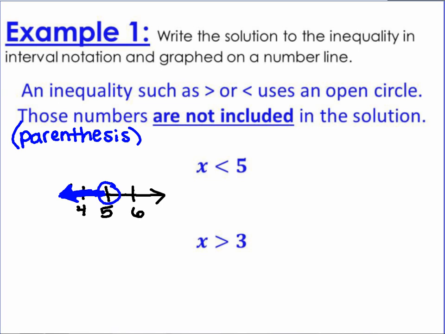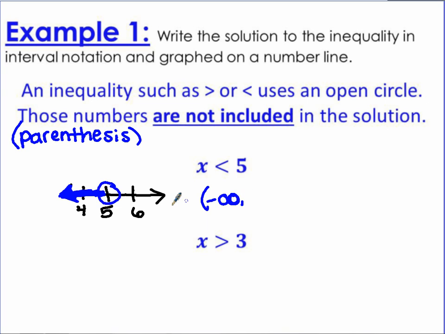If I was going to represent this in interval notation, I always start with the lowest number first. So basically, it's a lot easier to look at the graph. The lowest number first goes on to the left forever. And the statement that we would call on the left forever is called negative infinity.